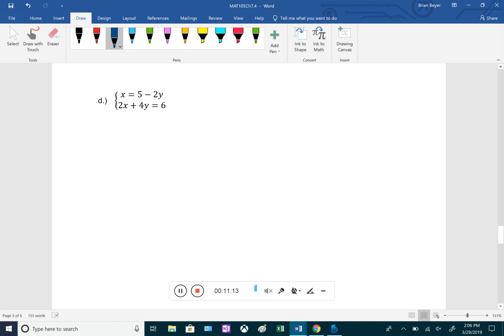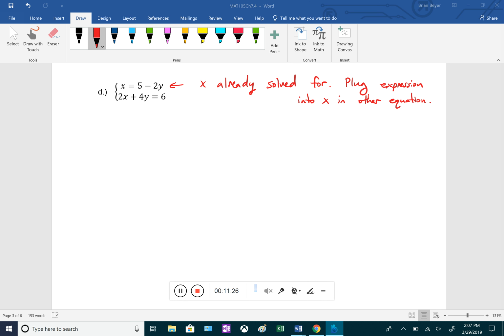Okay, next one. x equals 5 minus 2y and 2x plus 4y equals 6. So we actually already have x solved for right here. So we can plug the expression 5 minus 2y into this x in the other equation.